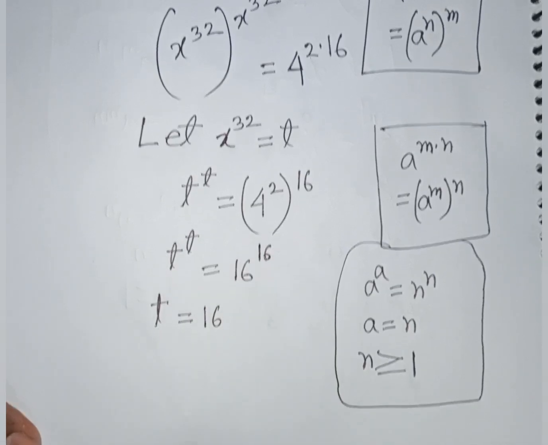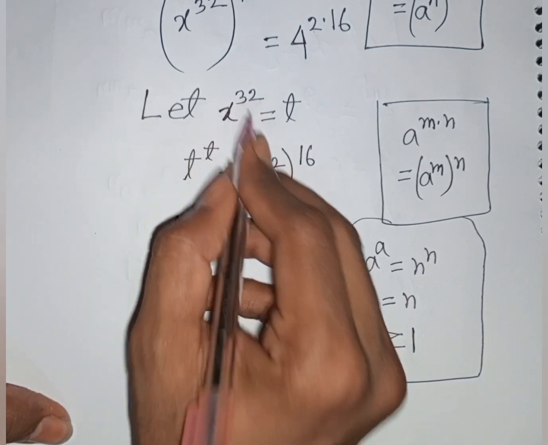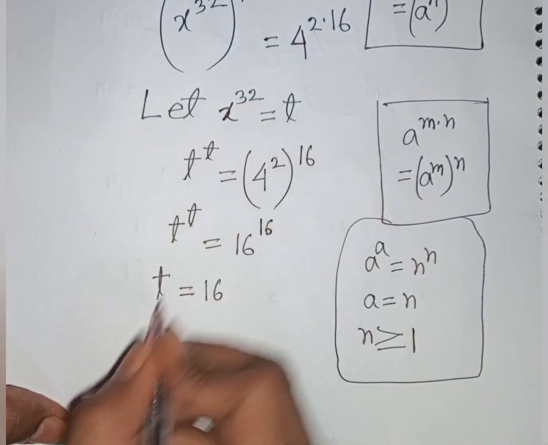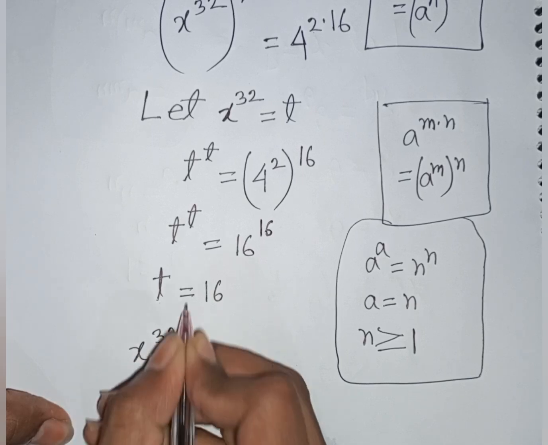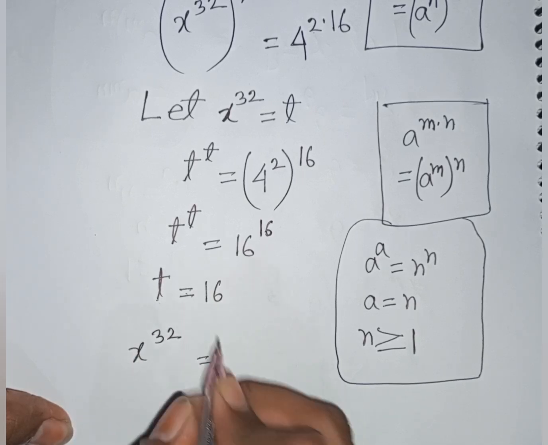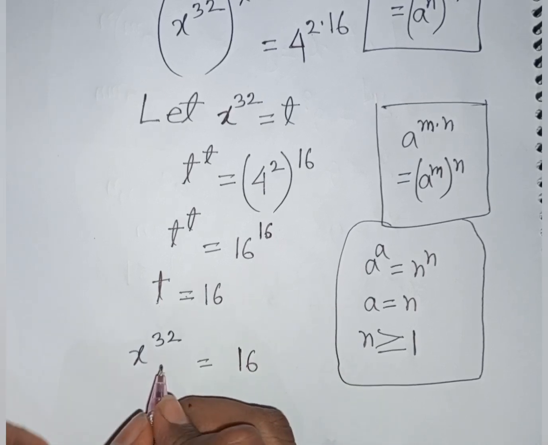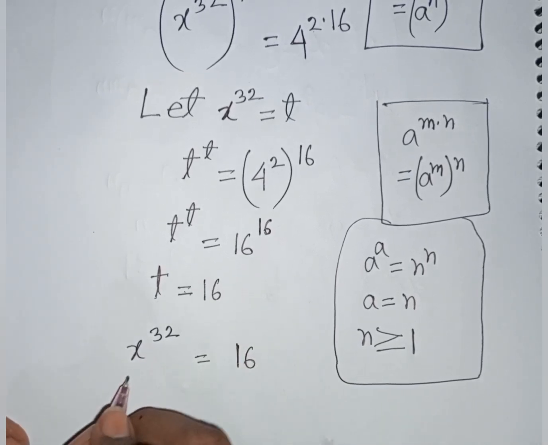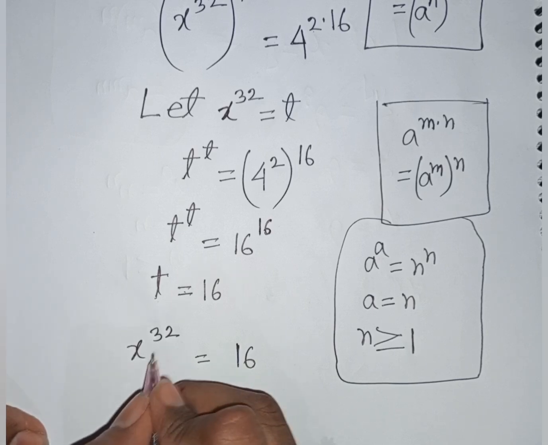But remember that x^32 is substituted by t. So x^32 is equal to 16. Now we need the value of x.